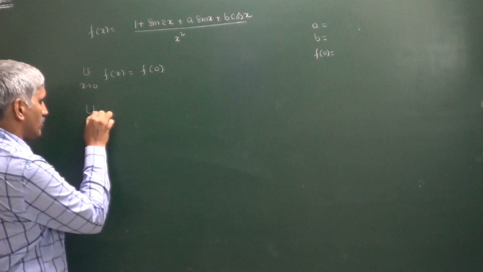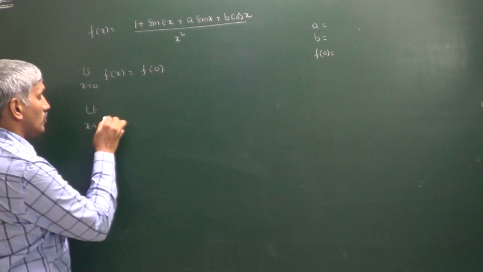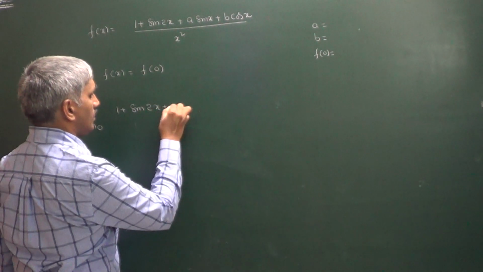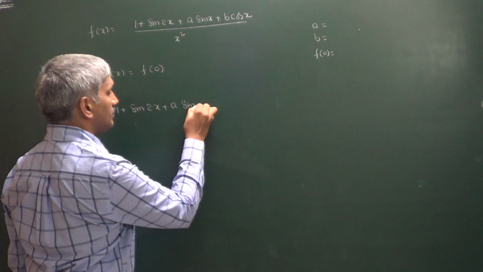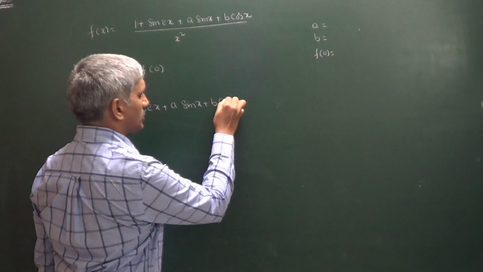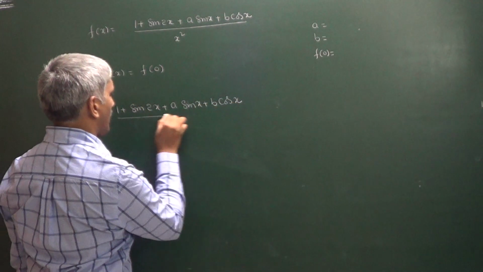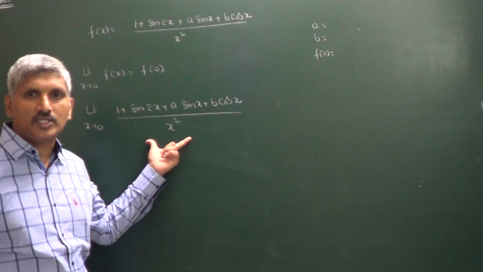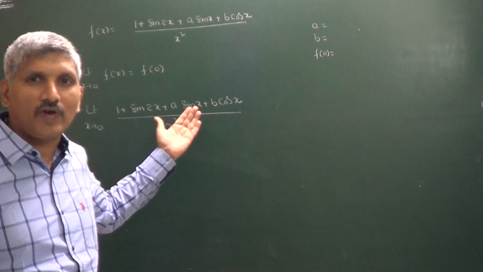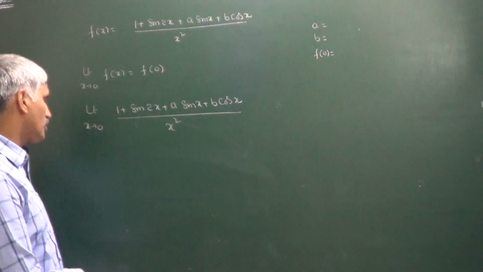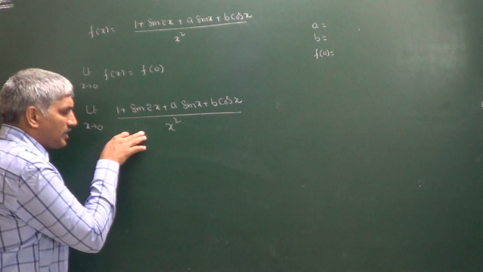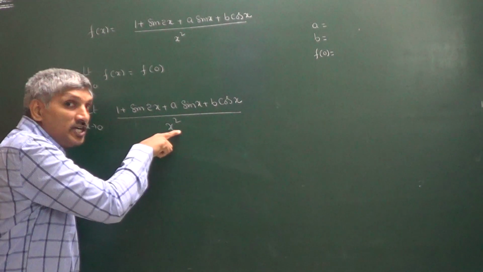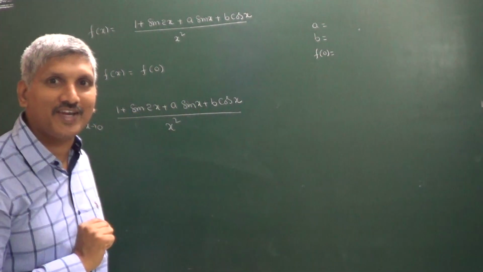Okay, I will find out the limit value. Limit x tends to 0, 1 plus sin 2x plus a into sin x plus b into cos x divided by x square. Because this function is continuous at x equals 0, this limit value must be finite. But you can observe whenever x is tending to 0, denominator is tending to 0. But denominator is tending to 0 and the limit value is a finite value.